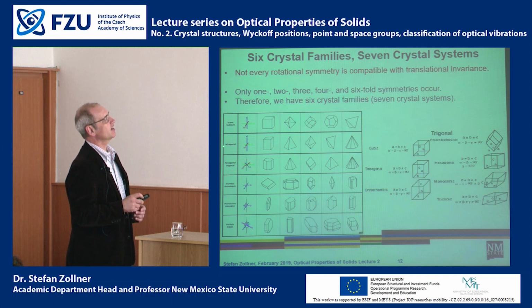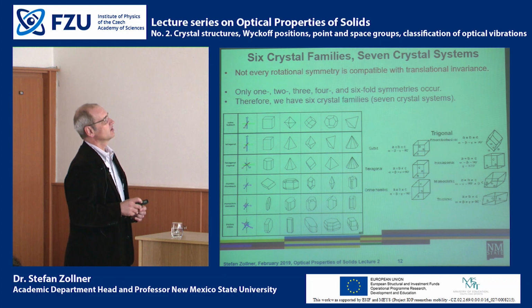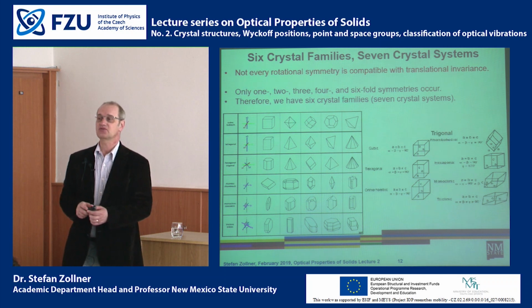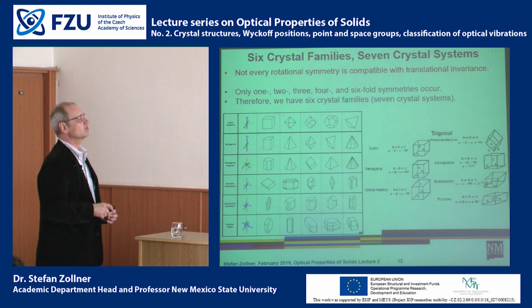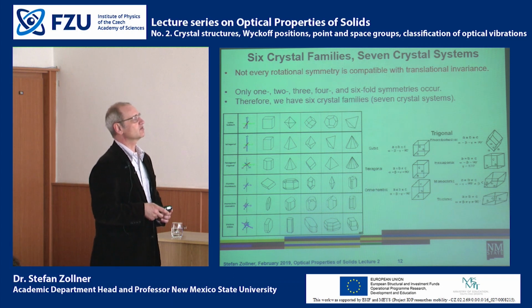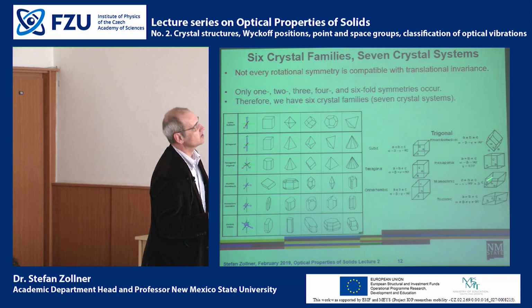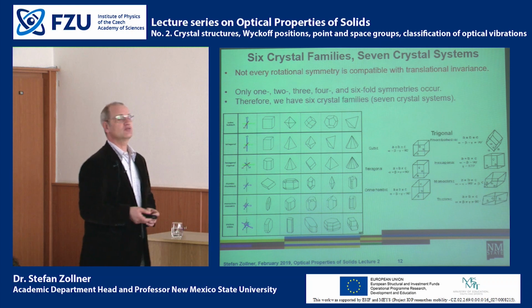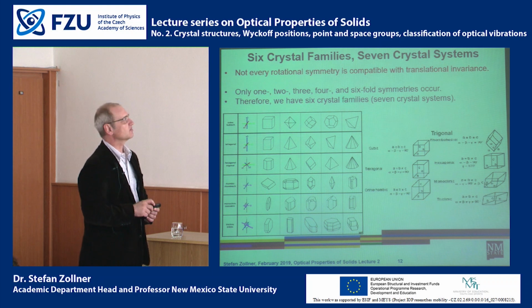Then there is a hexagonal system, which is here, which has 1 6-fold axis. And then there is a triclinic system, which has no rotational symmetries at all, because there are no right angles and there are no axes of the same lengths. And then there's the monoclinic structure, which I think is this one, where I have 2 right angles, but the 3rd angle is not 90 degrees.